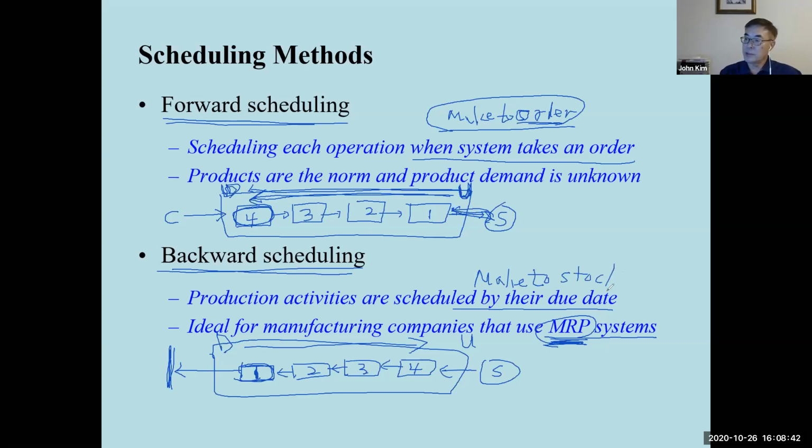So make to stock system, traditional system, use backward scheduling. Make to order system, use forward scheduling. And then make to order system, we will cover JIT system. JIT system is make to order system, and use forward scheduling.